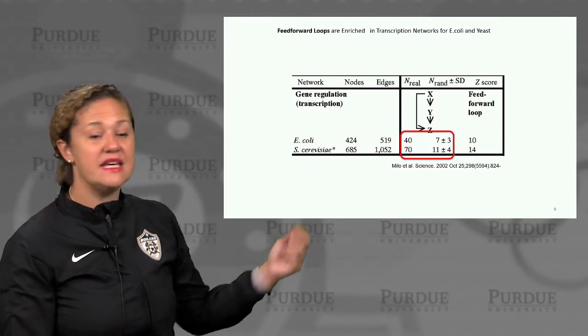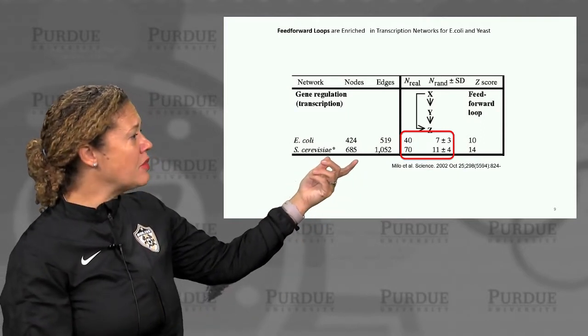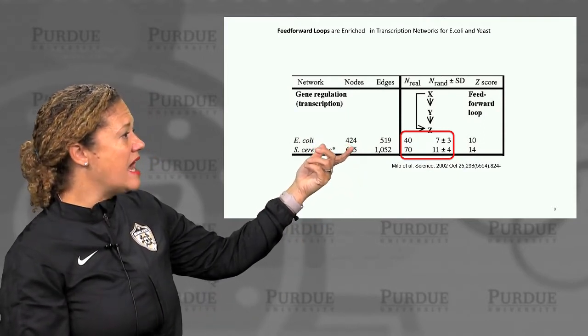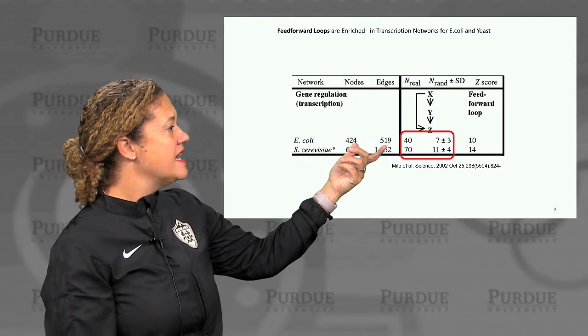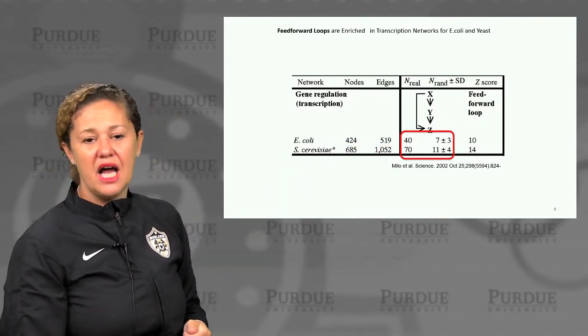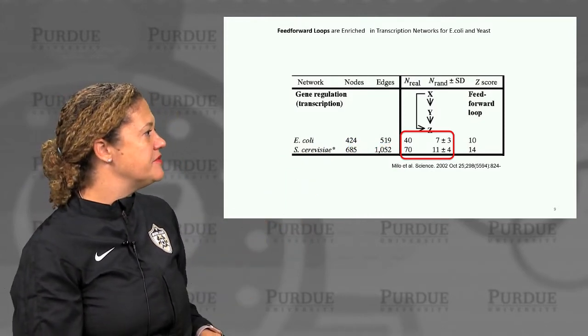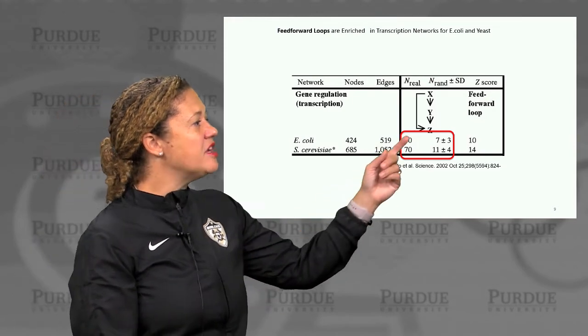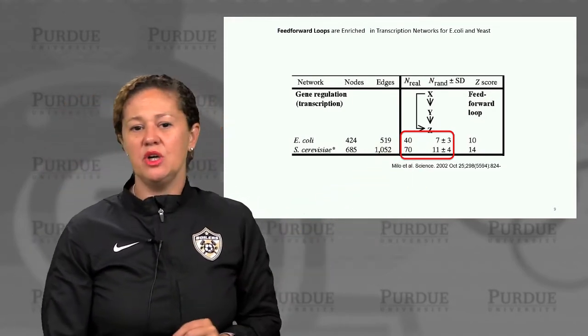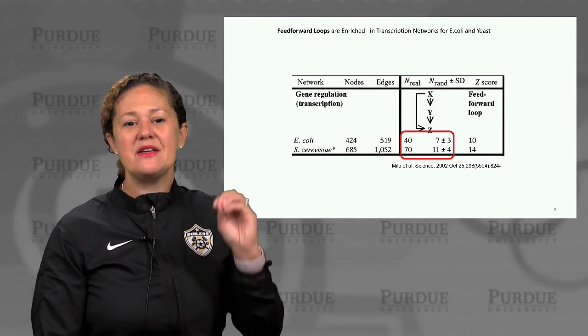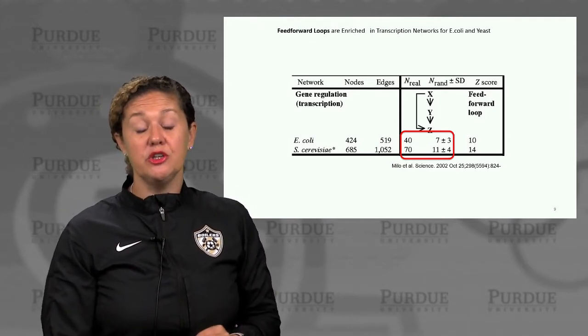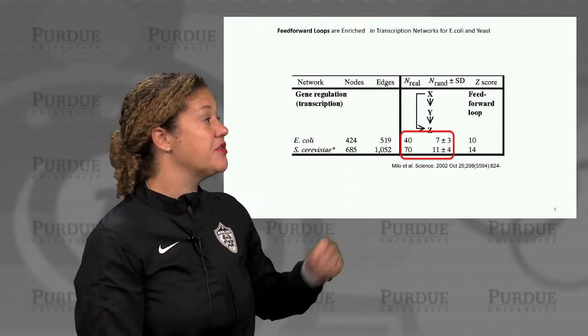So in this case, they did that, created random networks of the same size in terms of nodes and edges as this defined real E. coli transcription factor network, and found that on average in a random network, you would only expect about 7 feed-forward loops, plus or minus 3.